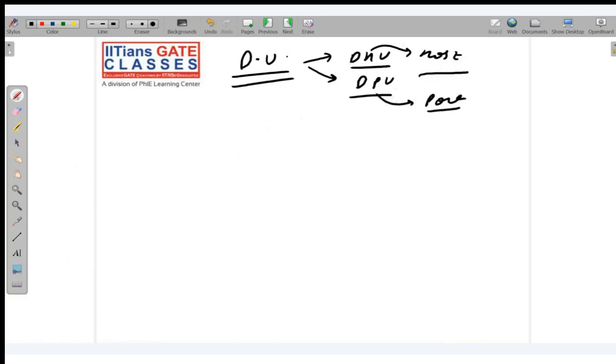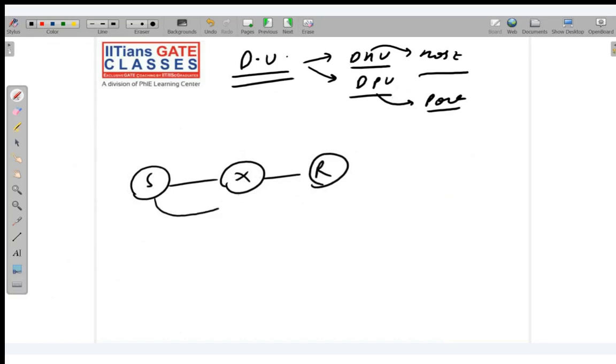Destination host unreachable means, see this is the sender, this is the router, and say this is the receiver. The sender has sent a message to this router and the router will send the message to this receiver. If I talk in terms of datagram, the router cannot send the datagram directly to the receiver.